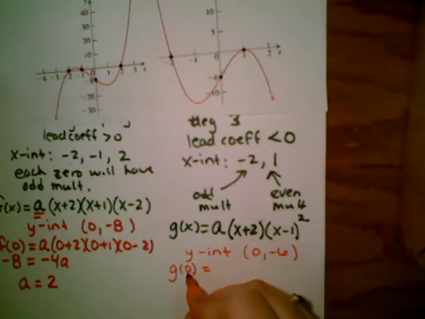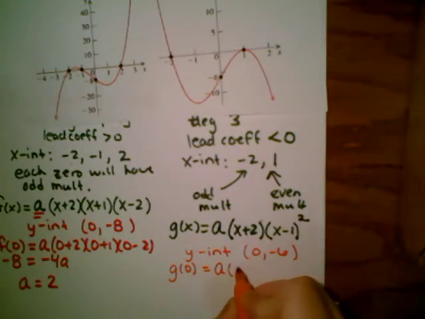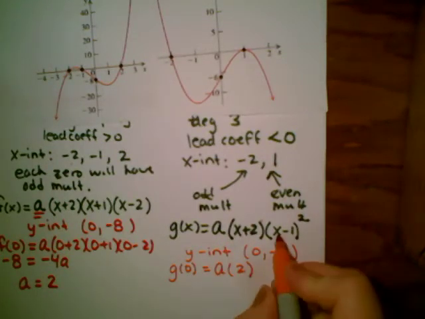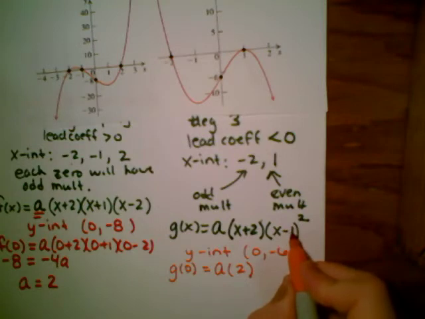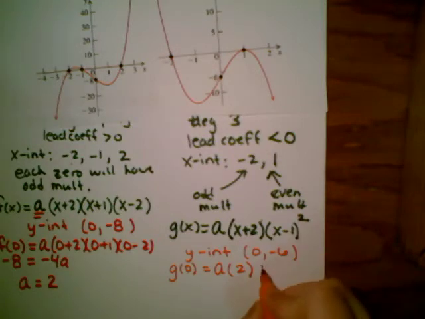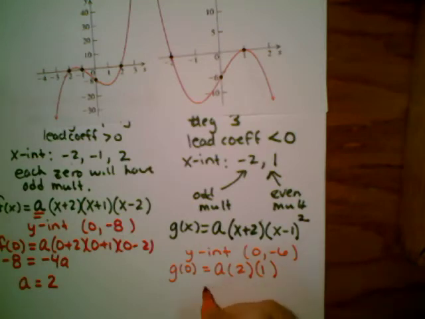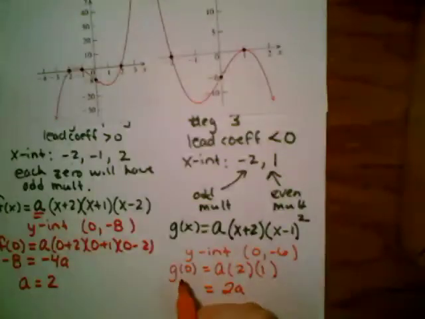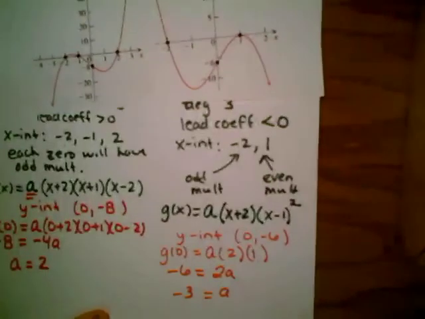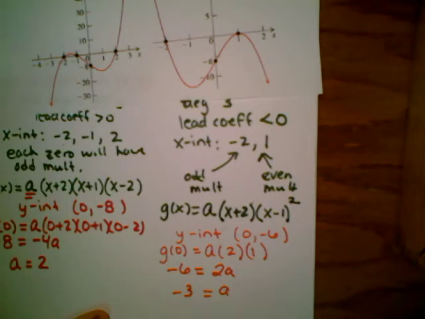Plugging 0 everywhere there's an x, we'll get 0 plus 2 times 0 minus 1, -1 squared, which is just 1. And we get the product 1 times 2 times a. 1 times 2 times a is twice a. But we're given what g of 0 is, that's -6, so we can solve for a. And we knew that was going to be negative.